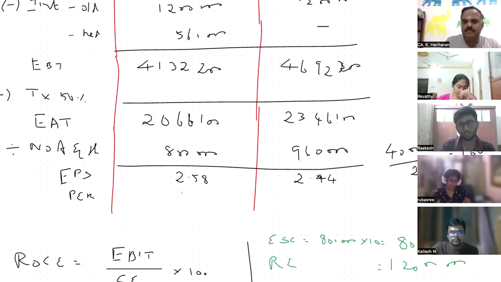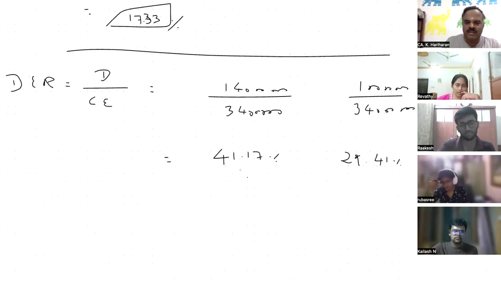In this case it's 10. What is the formula for MPS, market price per share? EPS into price earning ratio.